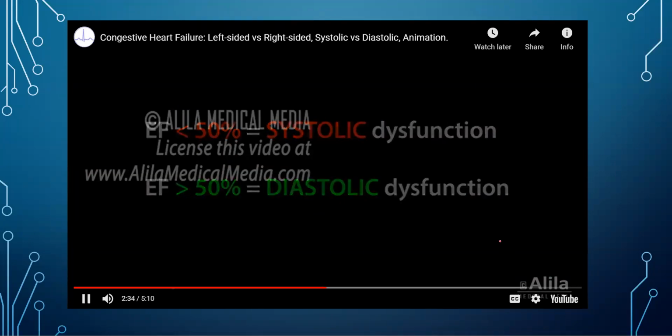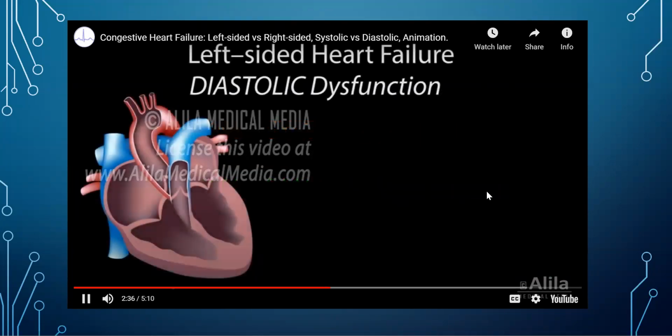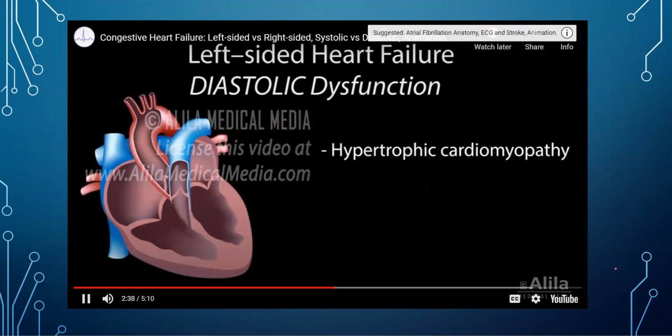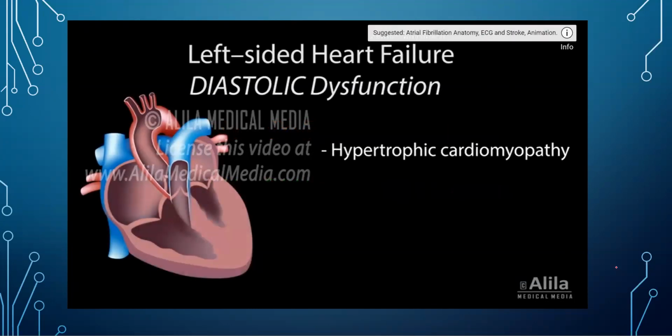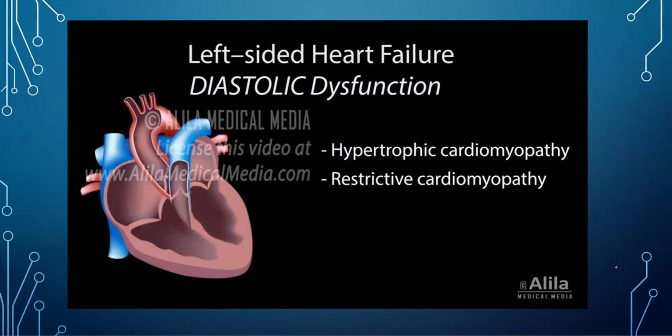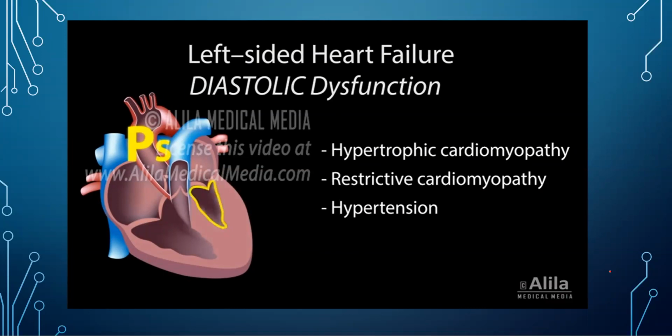Examples of conditions that can lead to diastolic heart failure include hypertrophic cardiomyopathy. The heart muscle grows thicker than usual, leaving less room for blood filling. Restrictive cardiomyopathy. The heart muscle becomes rigid, unable to stretch. Hypertension can also cause diastolic dysfunction indirectly via compensation mechanisms. As higher systemic pressures make it more difficult for the ventricle to pump, the heart compensates by growing thicker muscle to try harder. Larger muscle means reduced space for blood filling.